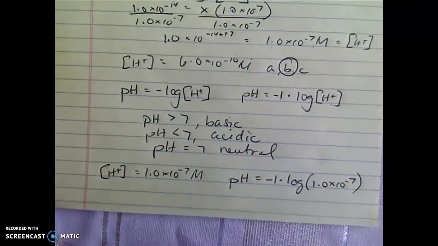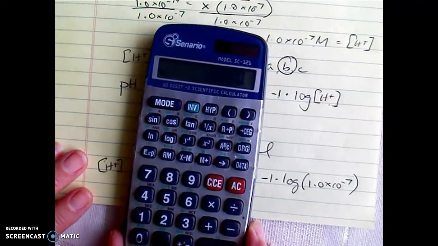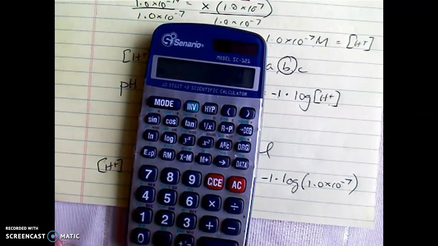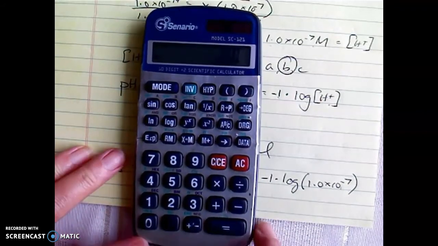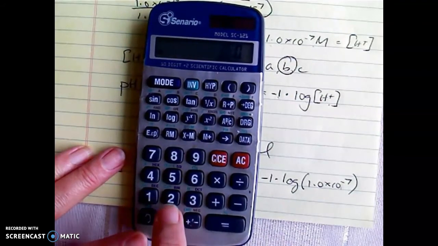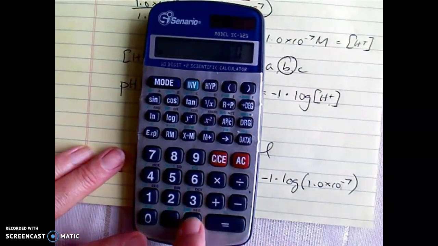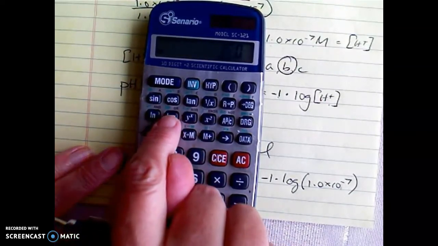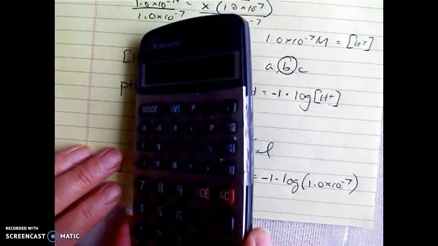You need your calculator. For some of you, you'll have to press your log button first. For me, I press it second. So I'm going to put in my concentration: 1.0, my special button, EXP, negative 7, and then I'm going to hit my log button, L-O-G. And it gives me an answer.